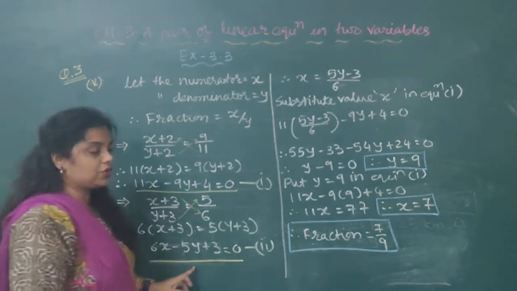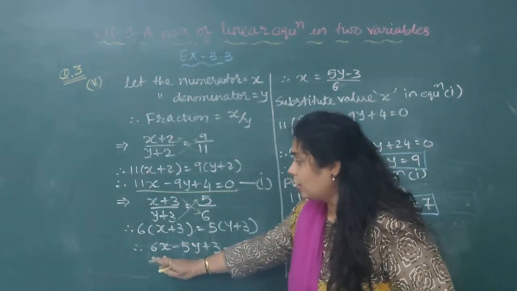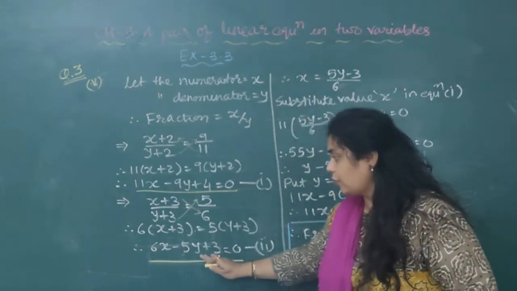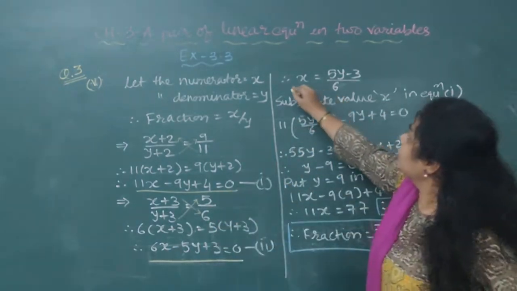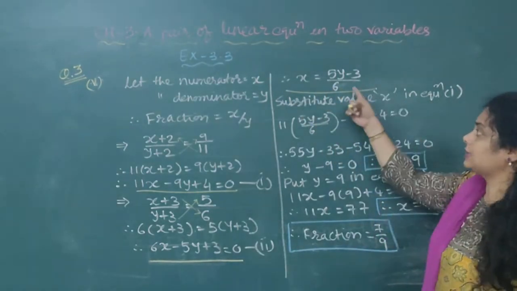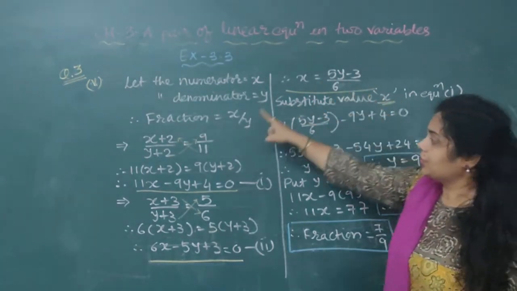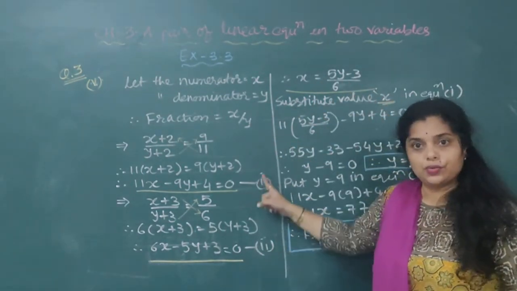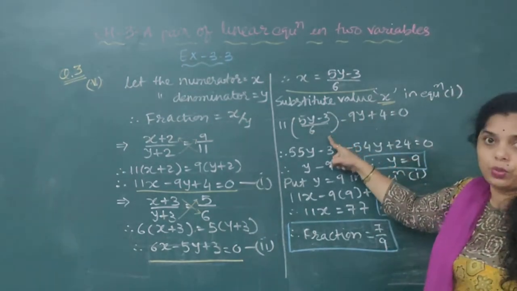Now from the second equation, I express x in terms of y. So here I got x is equal to 5y minus 3 by 6. Now substitute this value of x in equation 1 or 2 as you wish. Here I have put this value of x in equation 1.